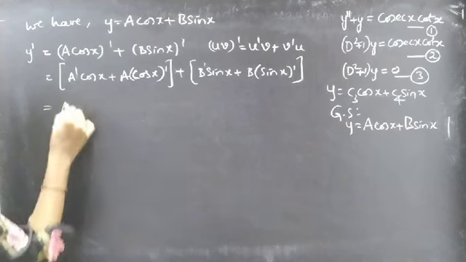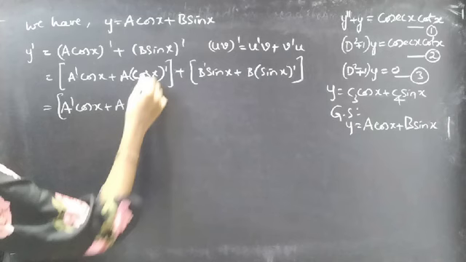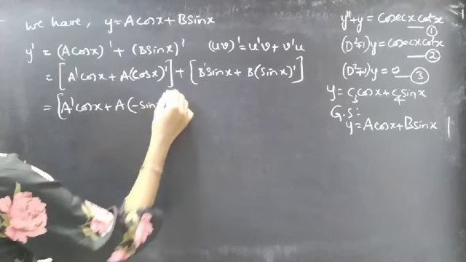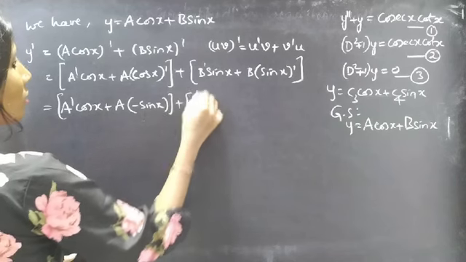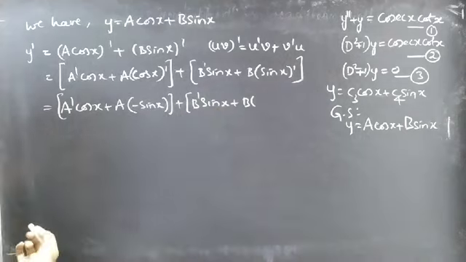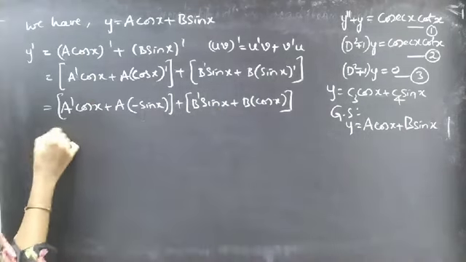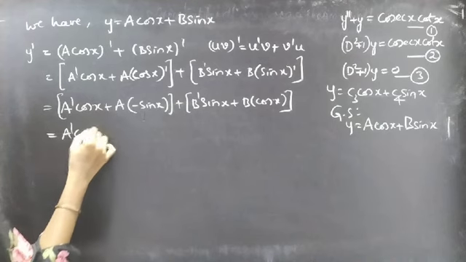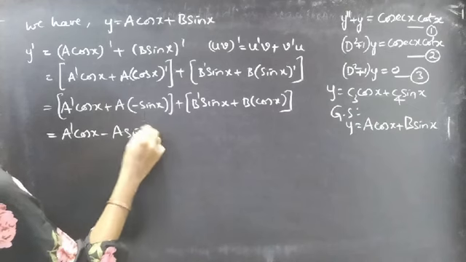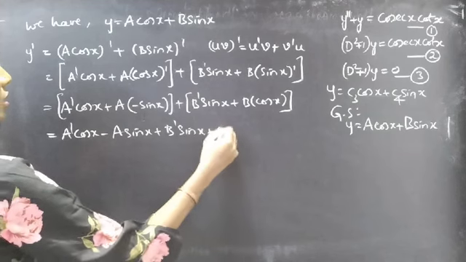This equals a' cos x plus a into the derivative of cos x, which is minus sin x, plus b' sin x plus b into the derivative of sin x, which is cos x. This becomes a' cos x plus a into minus sin x plus b' sin x plus b cos x.